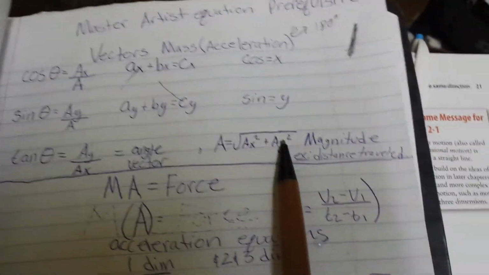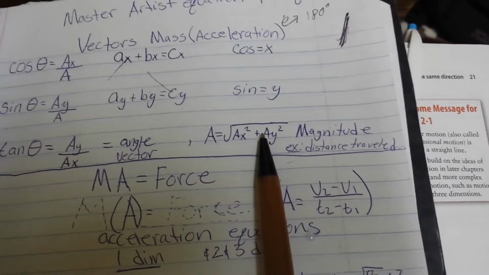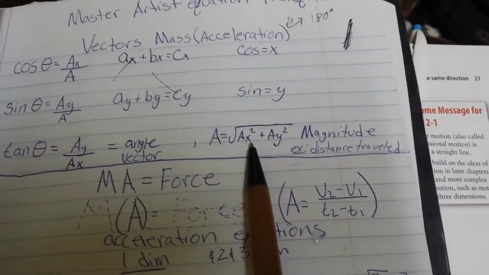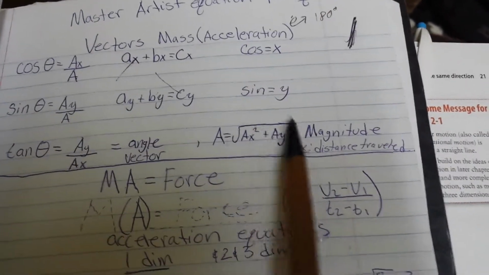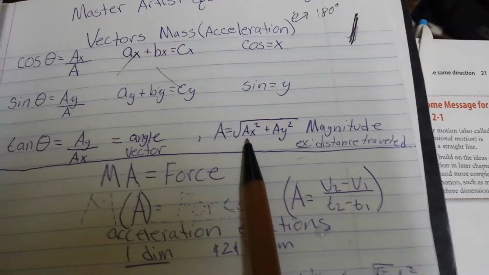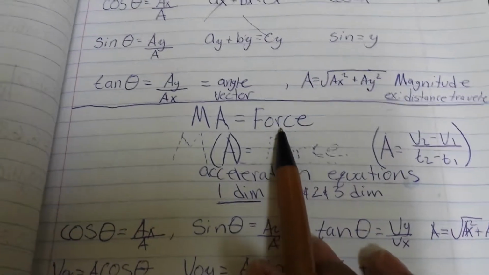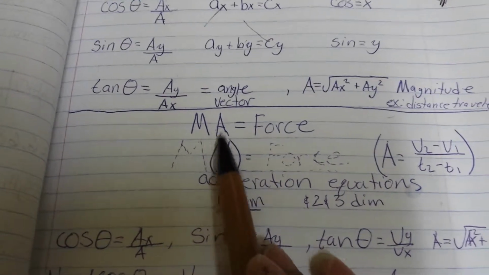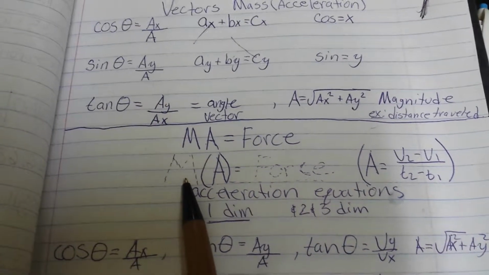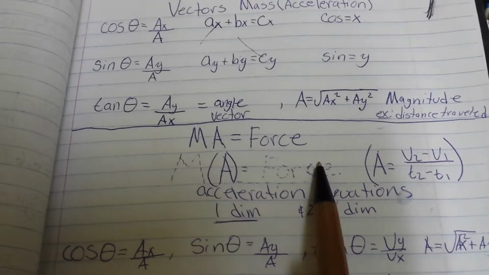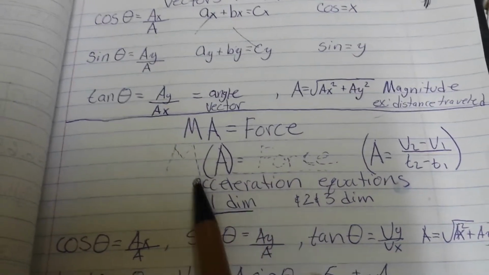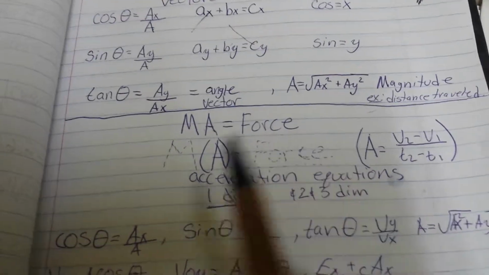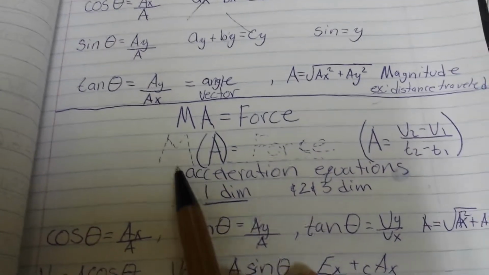And if you want to get your magnitude, for example, your distance traveled, this is your equation, the square root of your x's and your y's. So a force has to do with mass and acceleration. In one dimension, I guess the best way to say it is you kind of ignore mass and force.